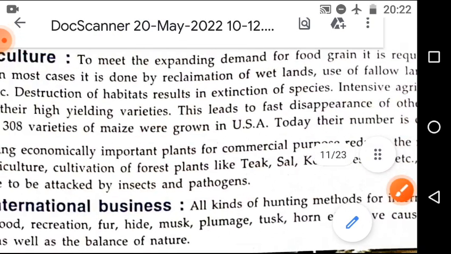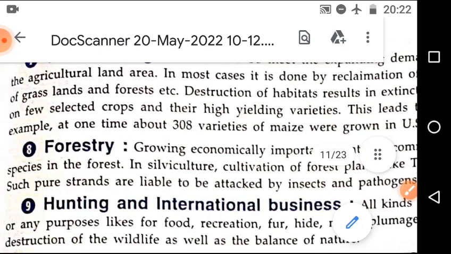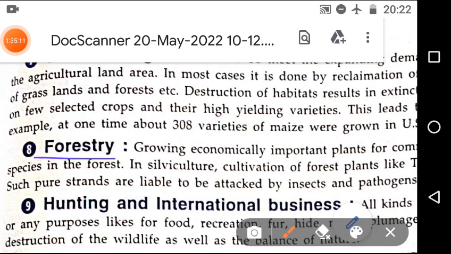Then forestry. Well, forestry leads to loss of biodiversity. That's a little bit awkward, but it's true. Now, if we plant similar types of trees for our own benefit, that is, we are making forest by planting our desirable trees, for example, for furniture, we want to cultivate sal trees or teak trees, then what will happen?